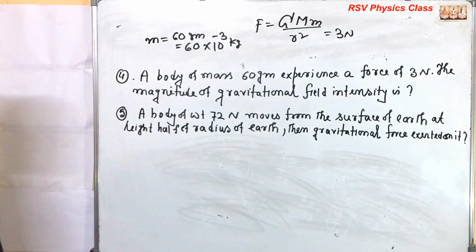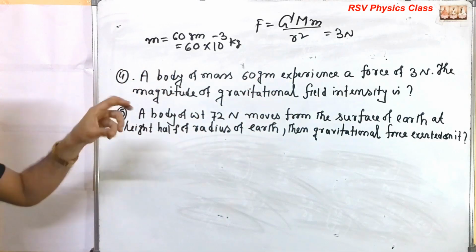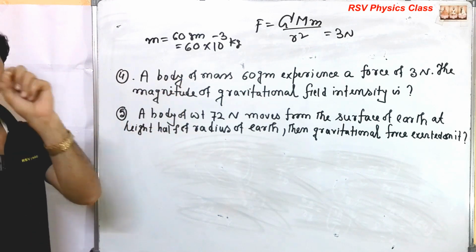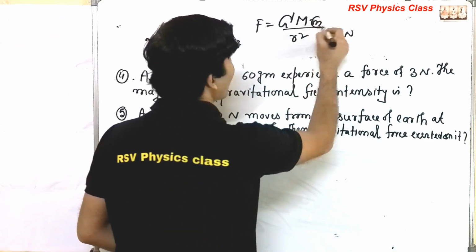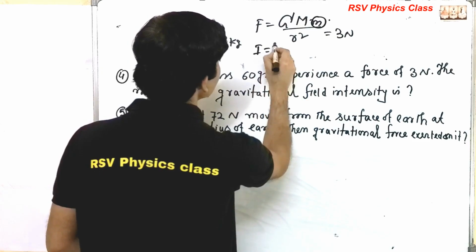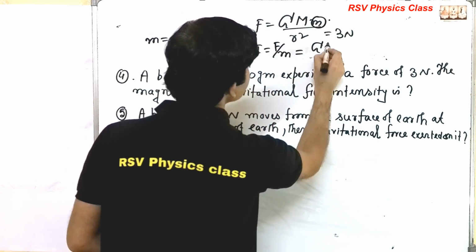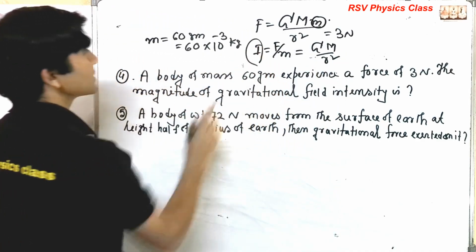Now, what is the gravitational field intensity? So field intensity is the force experienced by a point mass, or unit mass when m will be 1. So you can write intensity equal to F over m, dividing by it, so GM over r square. This will be the field intensity.